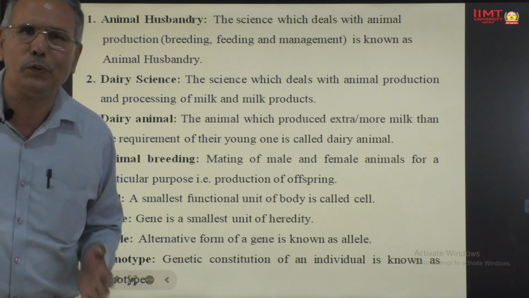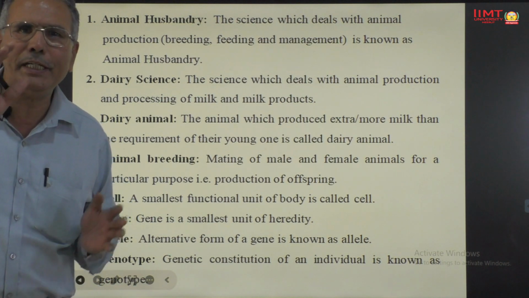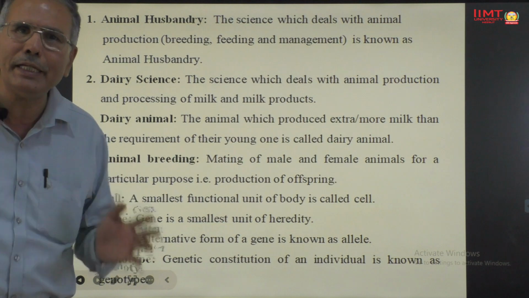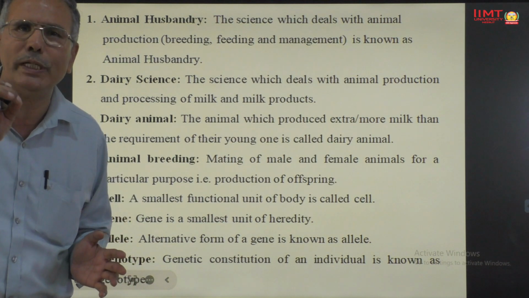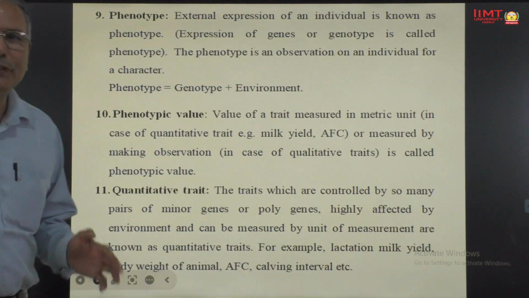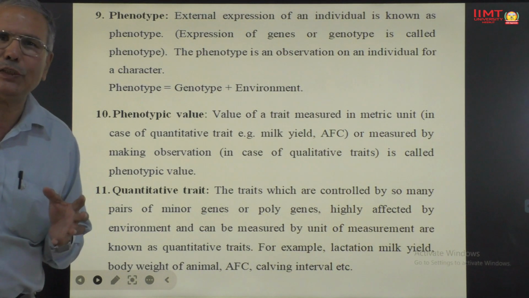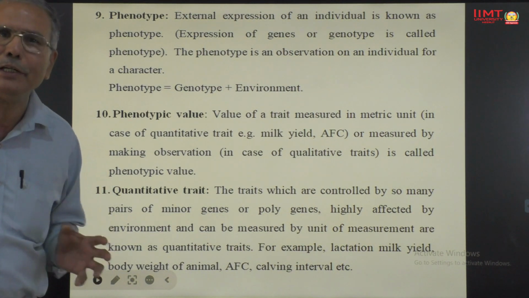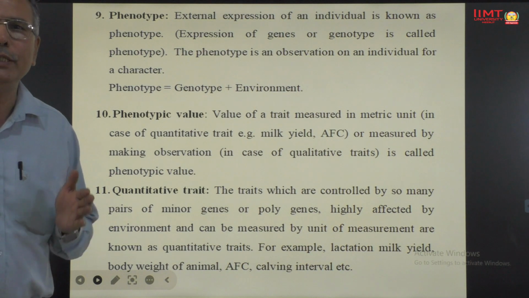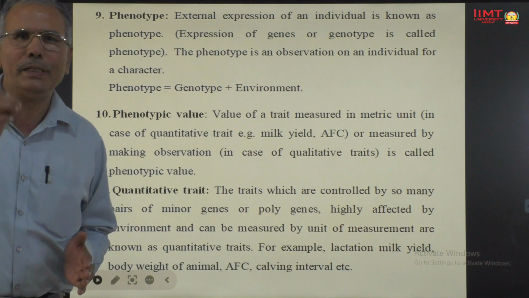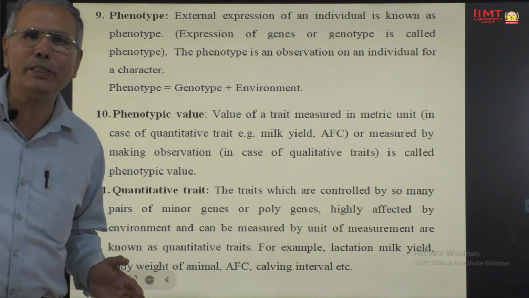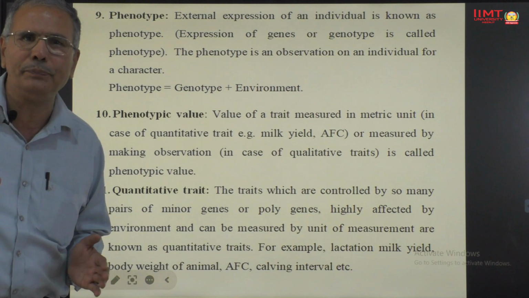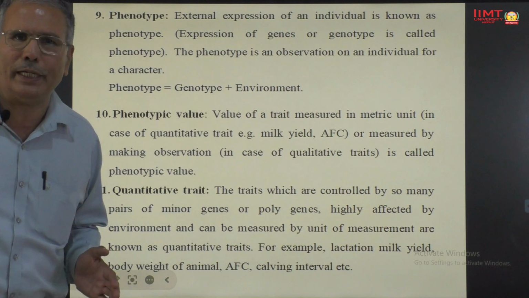What is genotype? The genetic constitution of an individual is known as genotype. What is phenotype? The external expression of an individual is known as phenotype. Or in another word, the expression of genes or genotype is known as phenotype.